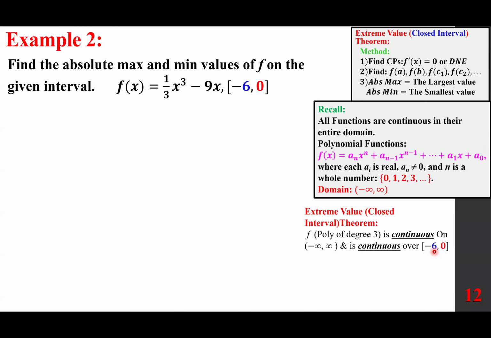Now that we have justified the use of the extreme value theorem, we are going to apply it step by step. Number one, find critical points. That means go with f prime of x. So what is f prime of x? One-third times 3 is 1, x squared minus 9.